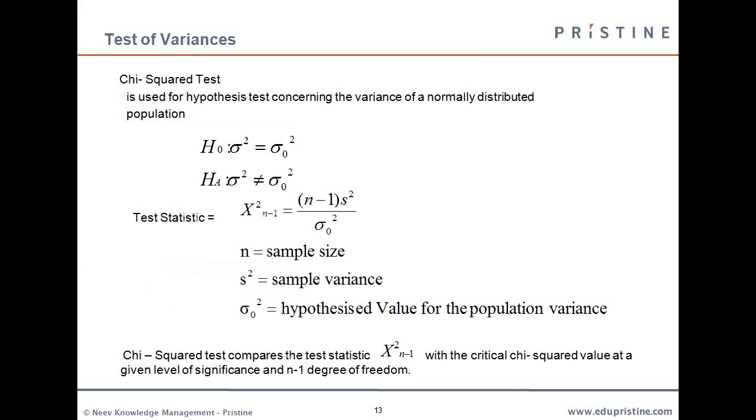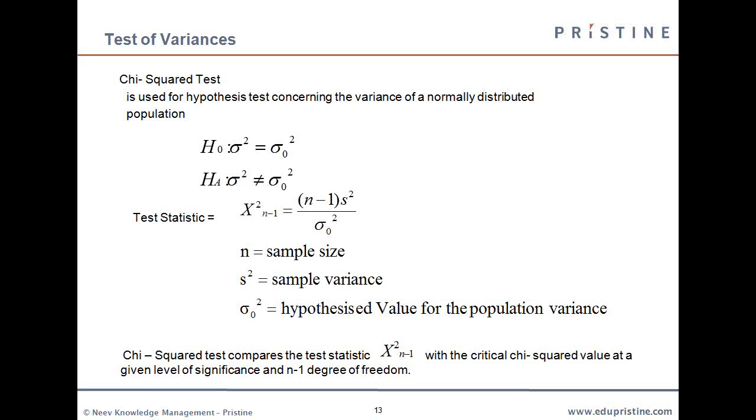Now, test of variances. It's a better idea to use the chi-square test when we have to test variances of a normally distributed population. In that case, our null hypothesis would be that our variance is equal to sigma naught squared.